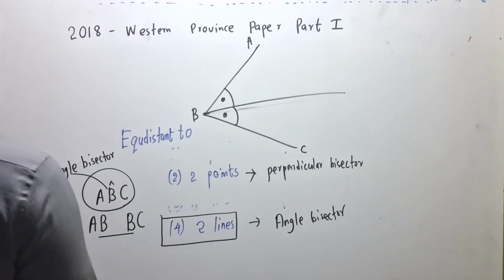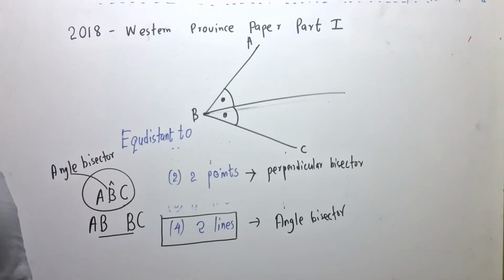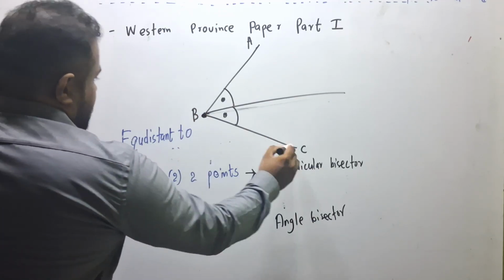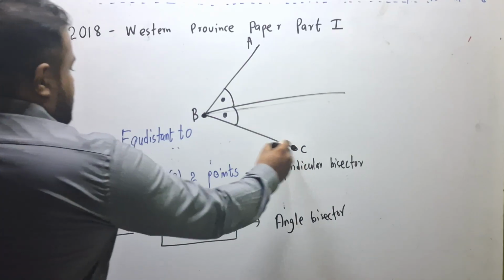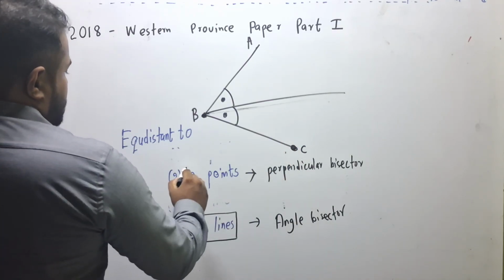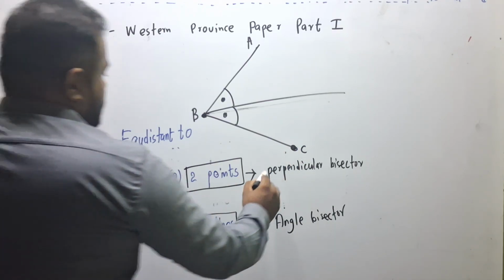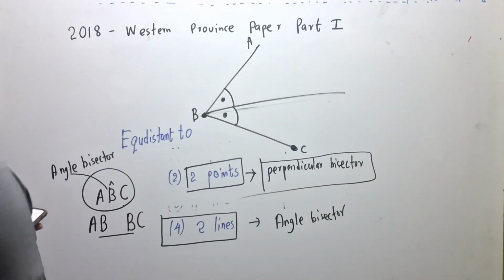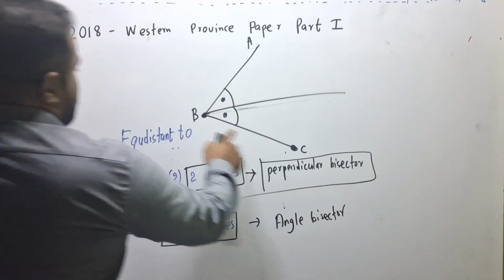Okay, as I told, angle bisector is given. Then what we need is equidistant to points B and C. That means what we have to do? 2 points B and C. You have to make the construction of the perpendicular bisector of the side BC.